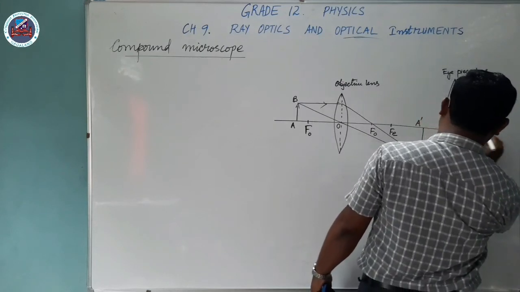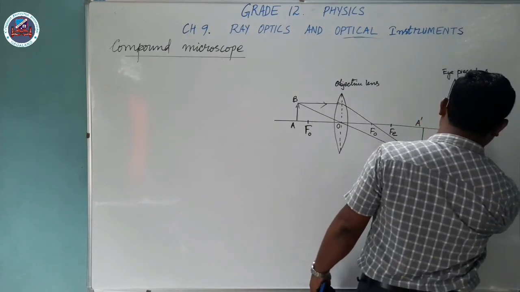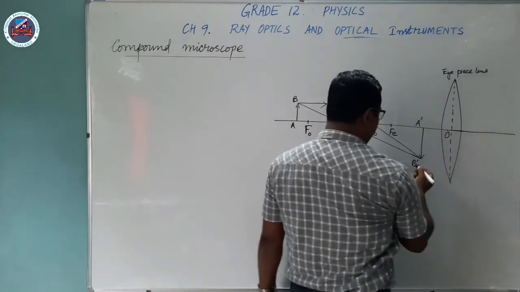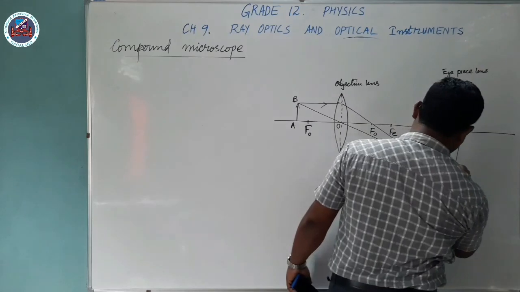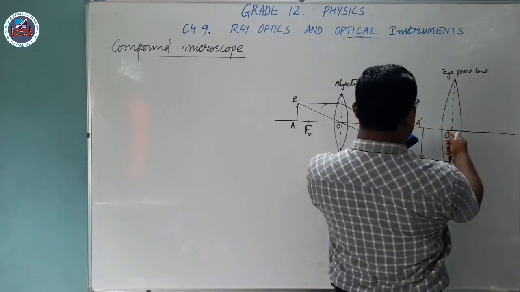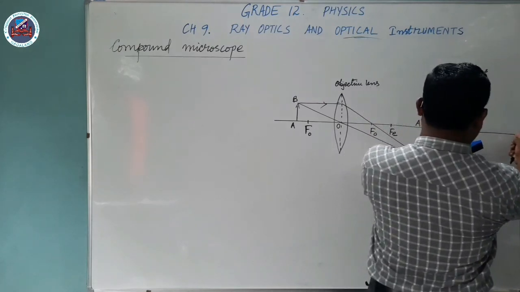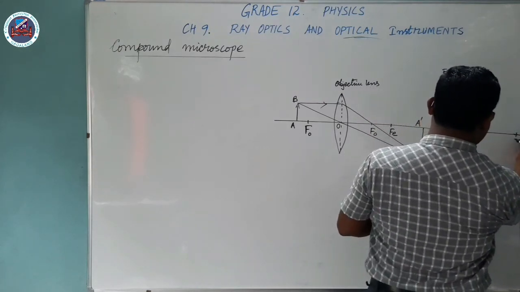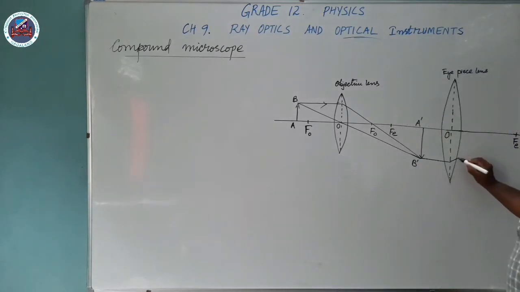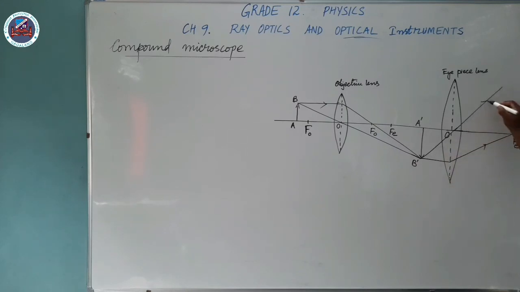Then, how it magnifies, let us see. The first ray that will go parallel to principal axis will pass through the focus. This distance, you have to maintain it. If I take at an equal distance focus, principal focus of the eyepiece lens, then it will go this way, passing through the principal focus, and a ray which passes through the optical center, it just passes straight.